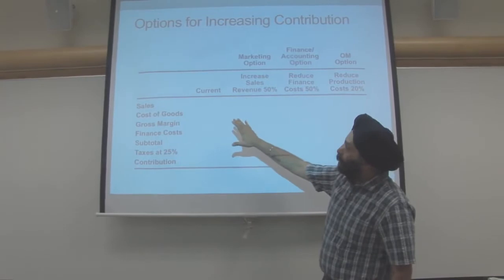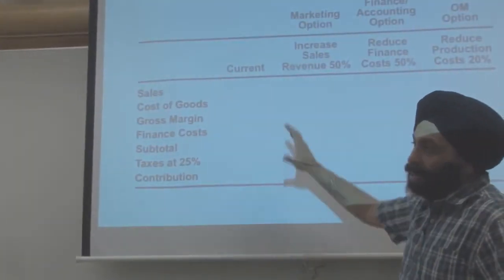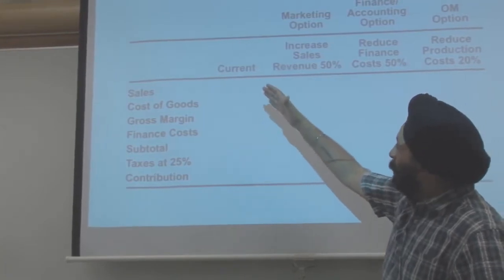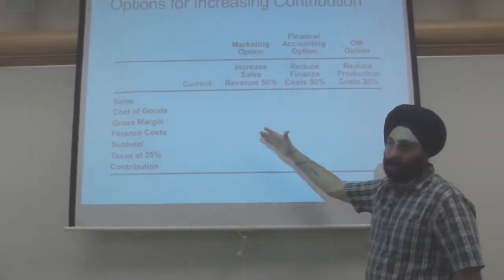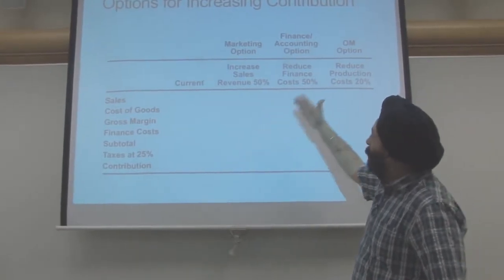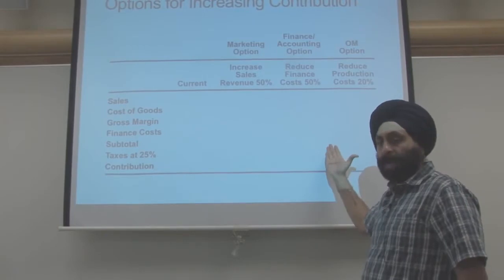So in this case, we're looking at the current baseline example, and then we'll look into how marketing adds value, how finance and accounting adds value, and then finally how operations add value.